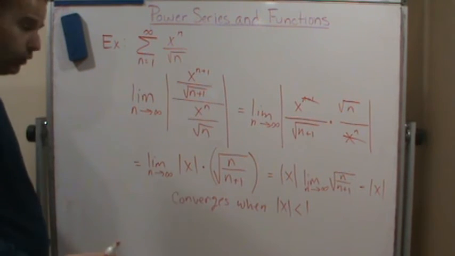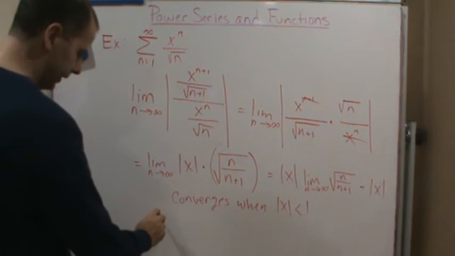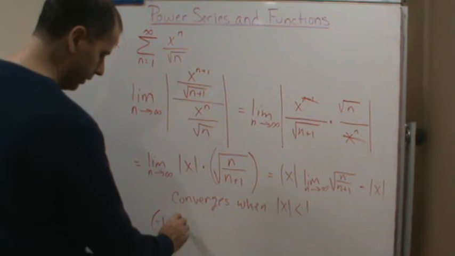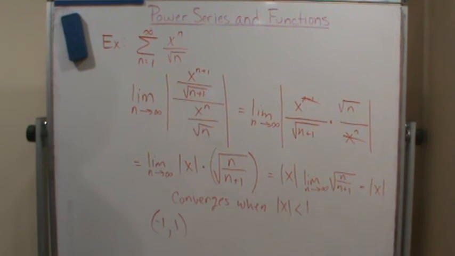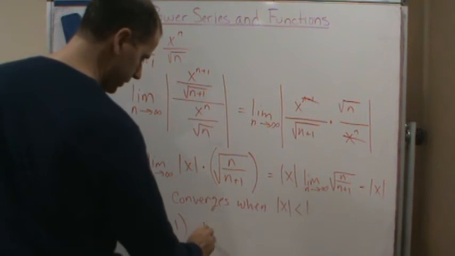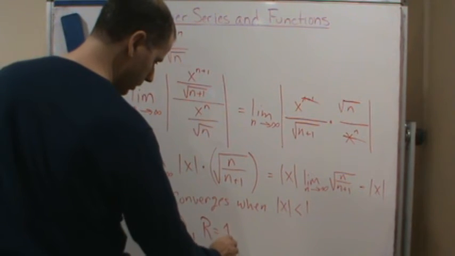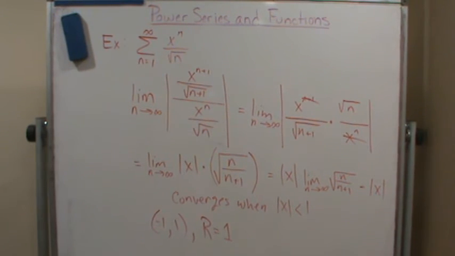So that means the interval of convergence is -1 to 1. And that means the radius of convergence is 1 also. And there you go.